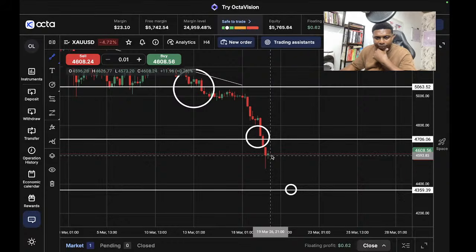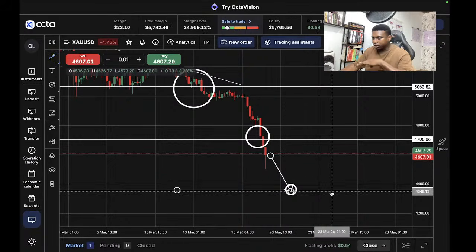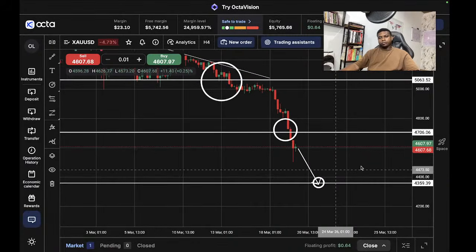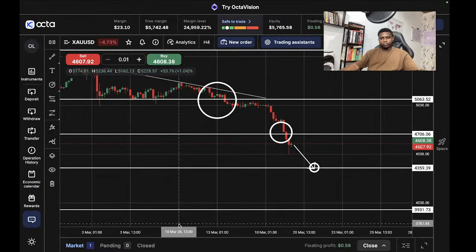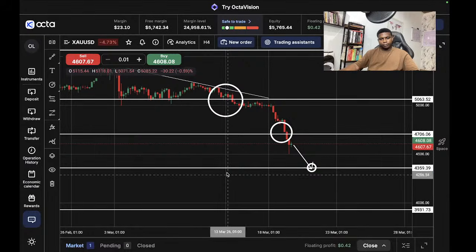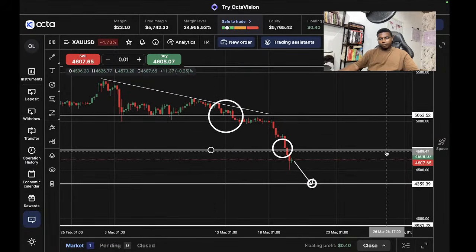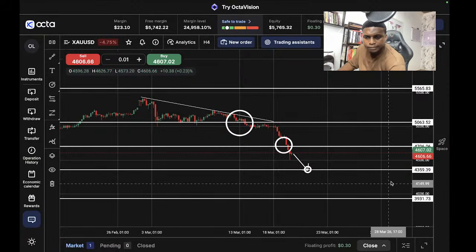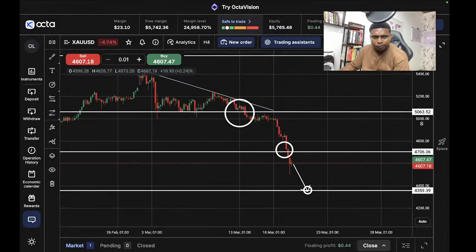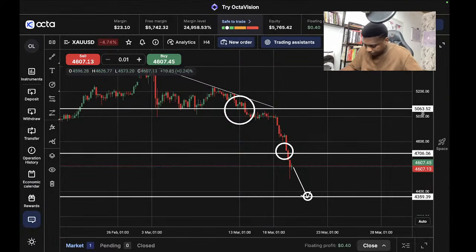So what will further happen here would be a likelihood of a continuous drop in price up to this support zone. Okay, up to this support zone.